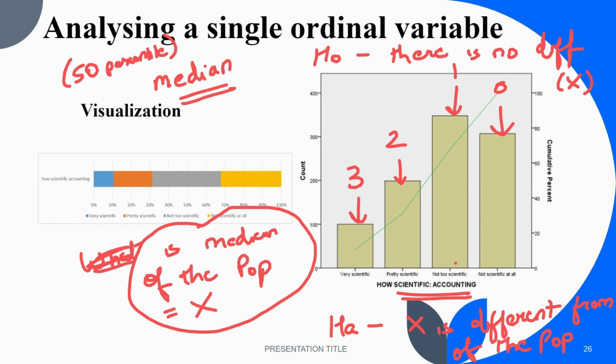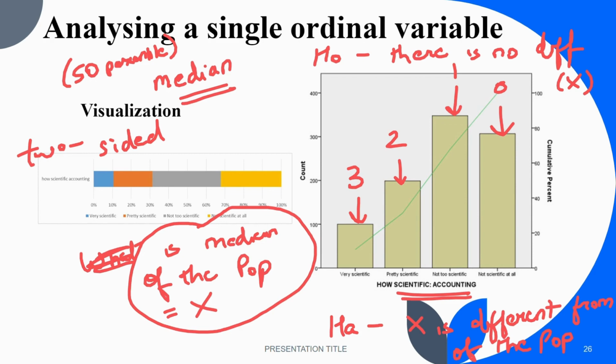We do not deal with lesser or greater. We are working with a two-sided test, which is not directional. That means it tells us whether the median is equal or not equal, but it does not tell us whether it is lesser or greater.